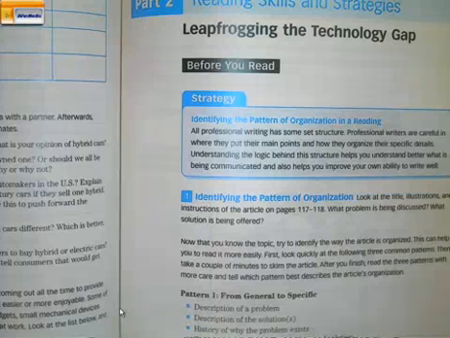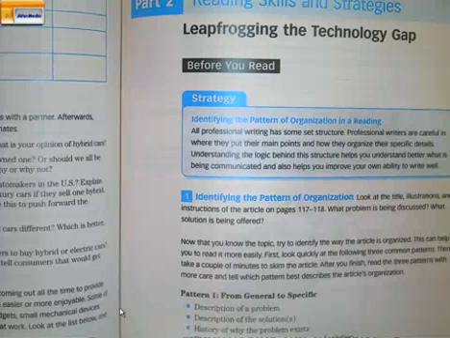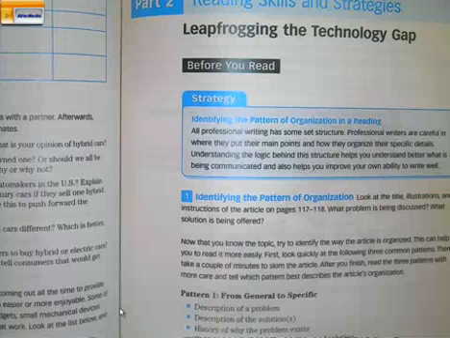Sudan, let's say that it's behind the line of technology, and Japan is far away after the line of technology. So there is a gap between Sudan and Japan in terms of technology. If Sudan is improving and wants to be a very advanced technological country, well, they need to leapfrog the technology gap. They need to jump over the technology gap until they become a very advanced country.